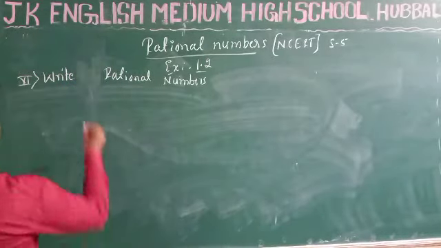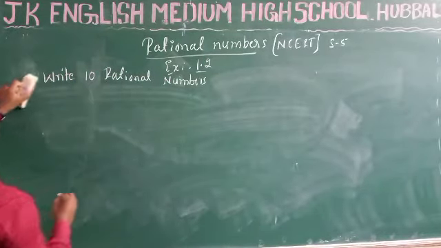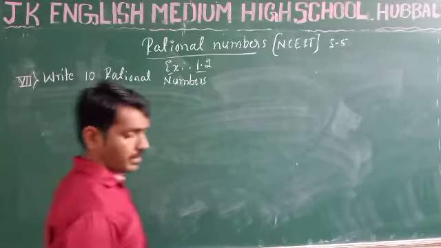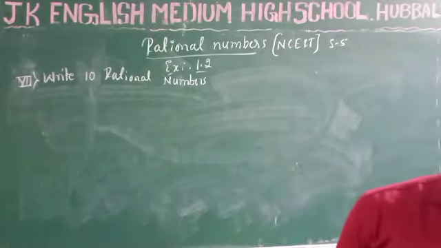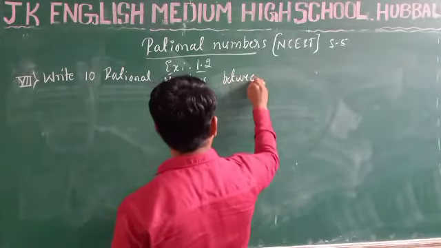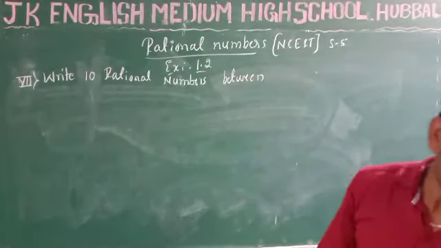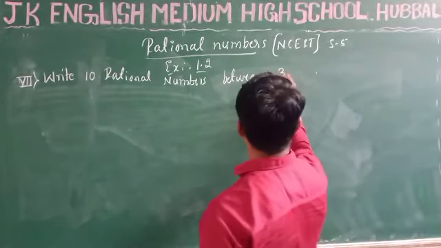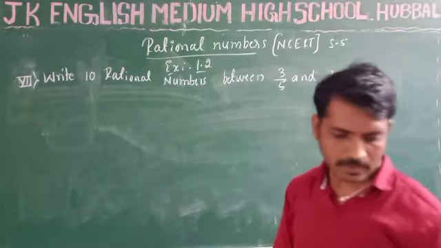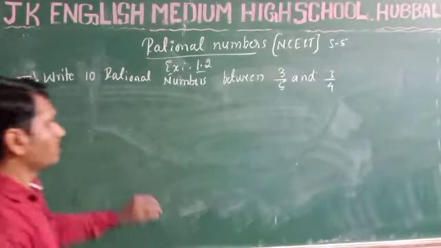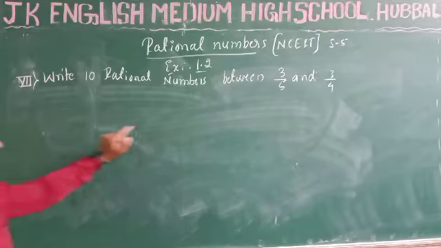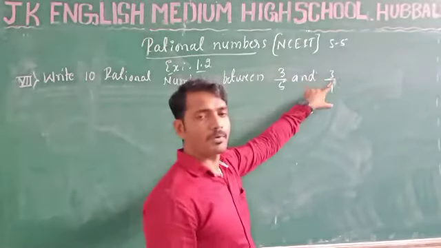Write 10 rational numbers between 3 by 5 and 3 by 4. Look here, we are totally dependent on the denominator, not on the numerator. But here 3 by 5 and 3 by 4 is there.